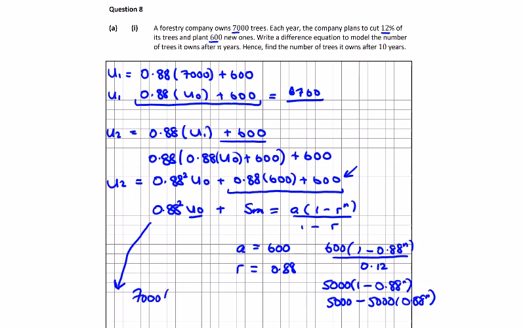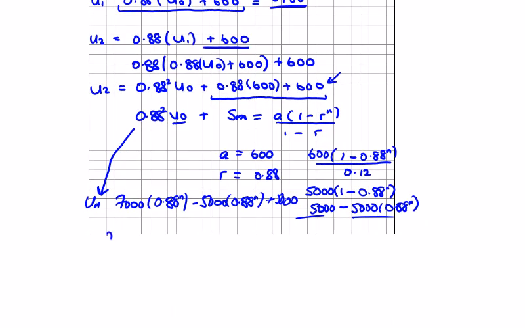So we have 7,000 by 0.88 to the power of n. We're going to have to take away 5,000 of them, and we're going to have to add on 5,000, and this will be my Un. So we're going to have 2,000 by 0.88 to the power of n plus 5,000 for the amount of trees.